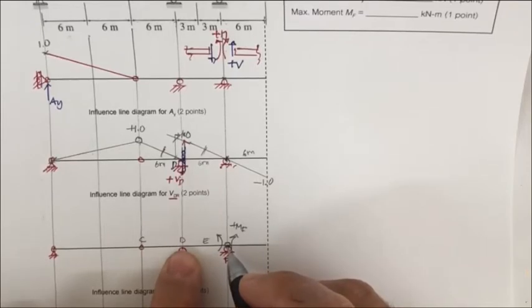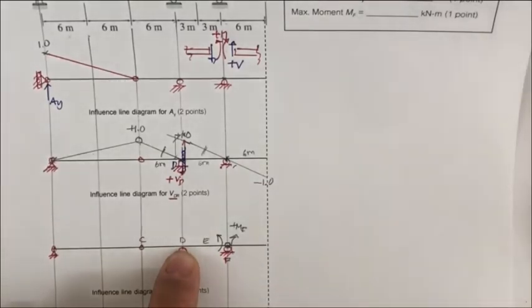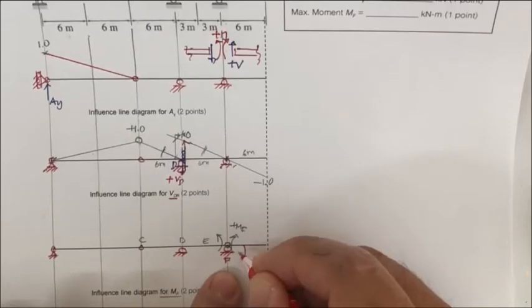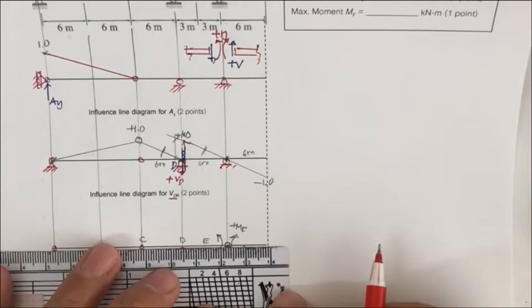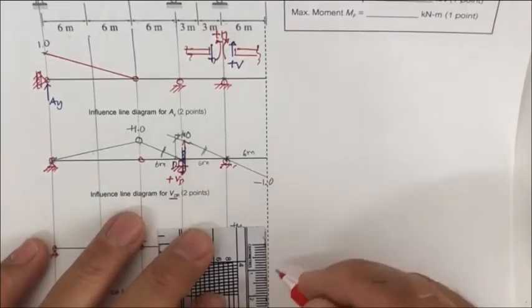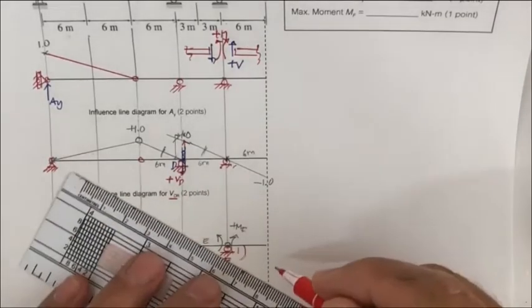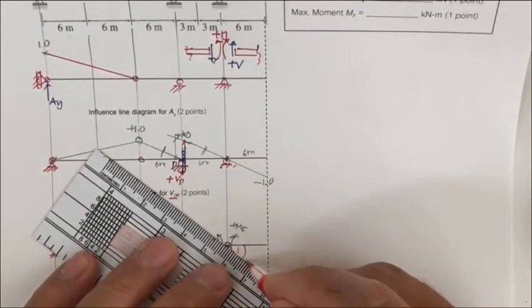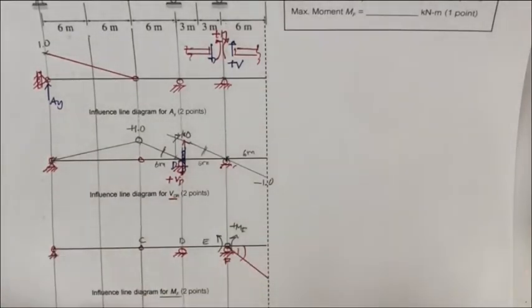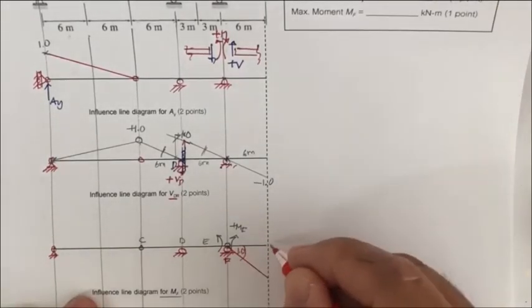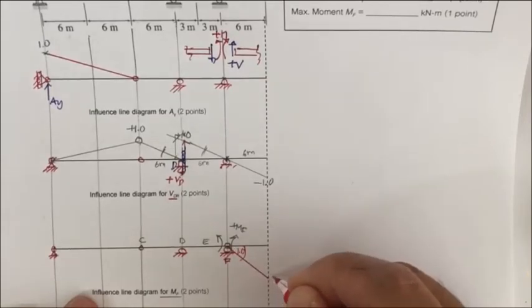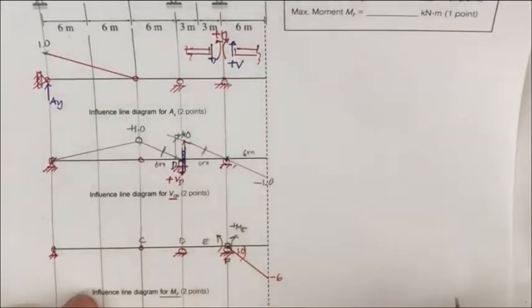When it has to support, no rotation or movement, so only this side is going to rotate by 1 unit. And since this one is 6 meters, this one is also going to be 6 meters, and then you get the shape of the influence line of M sub F like this. Also this is 1.0 unit, and this is 6 meters, so this one is going to be minus 6.